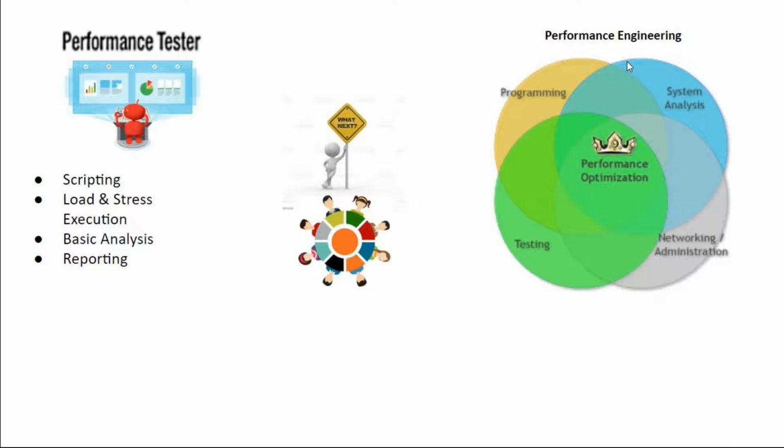If you want to expand yourself to the next level on the same line of performance, you need to expand your knowledge towards performance engineering. Of course, from a performance tester you can go to performance test lead or performance test manager, but more and more the testing is getting automated.